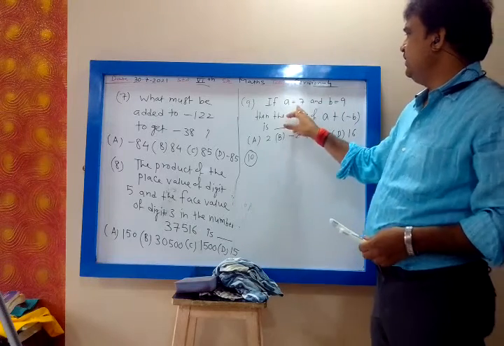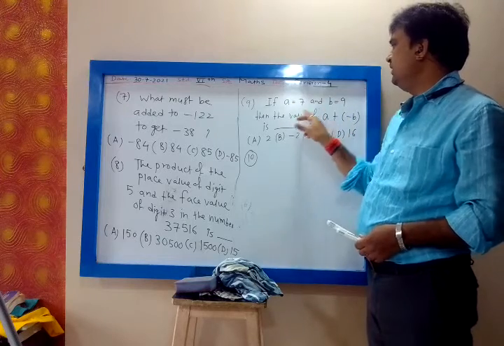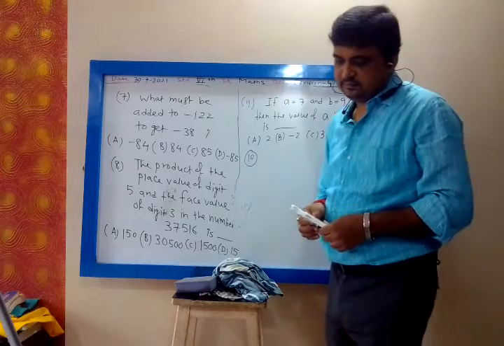A is equal to 7, B is equal to 9, then the value of A plus minus B is.